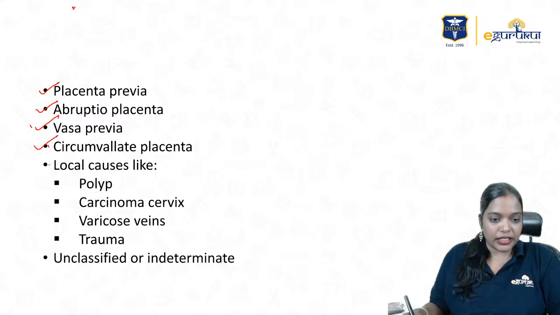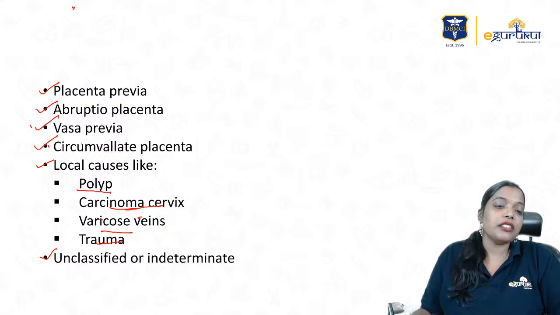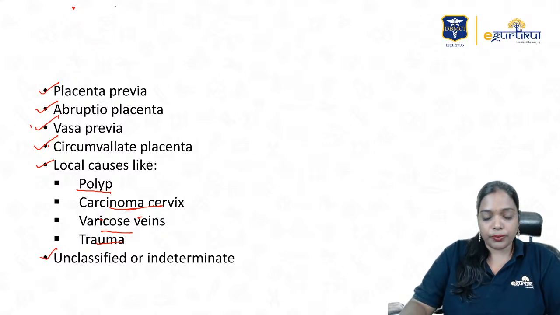Very good, Avantika, excellent. And local causes like polyps, carcinoma cervix, varicose veins, trauma. And last we have unclassified or indeterminate. So these are all the different causes of antepartum hemorrhage. Among these, the most common causes are placenta previa and abruption.